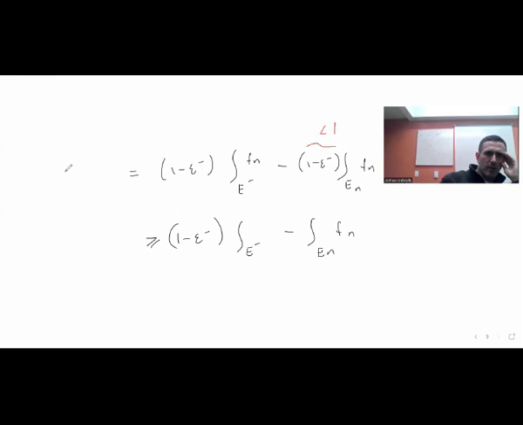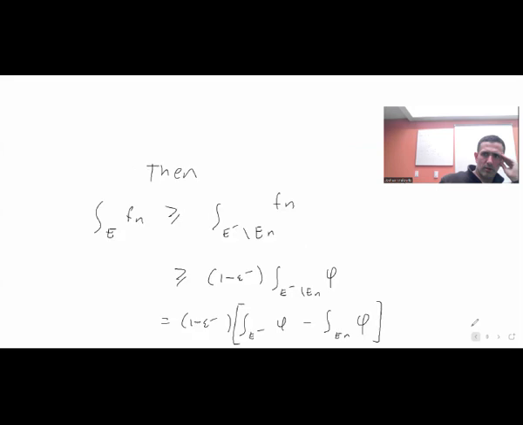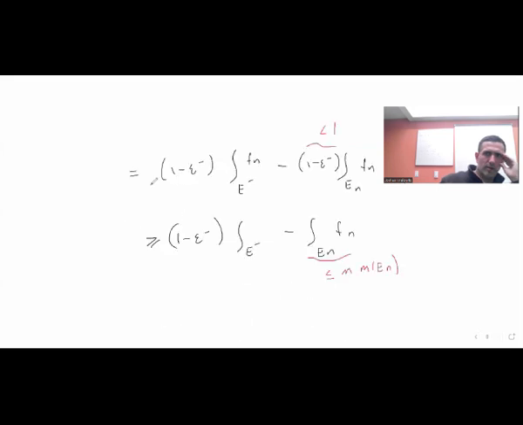Okay, and this whole thing here is going to be less than or equal to m times the measure of E_n. So that should be the simple function, not f_n. I don't know why I wrote that. Sorry about that.